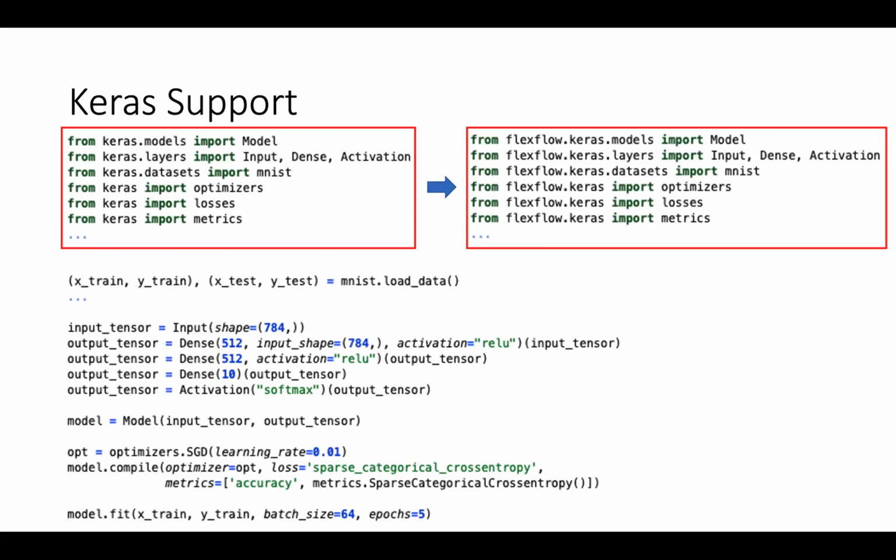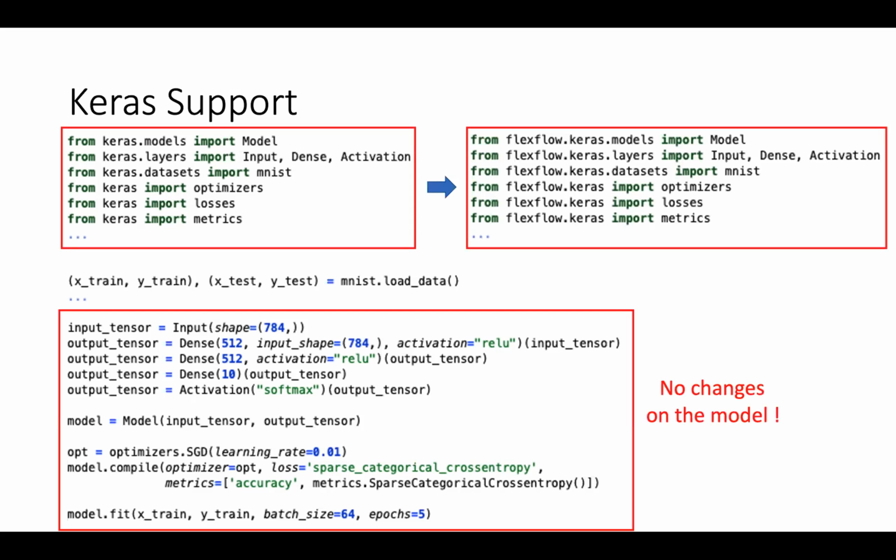Usually there's no change on the model itself. So it should be very easy to use FlexFlow to train an existing Keras model. But one thing to make sure of is that sometimes Keras uses the channel last format for tensors. In that case, you have to change it to channel first.